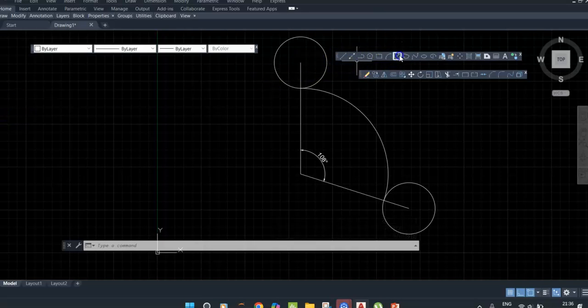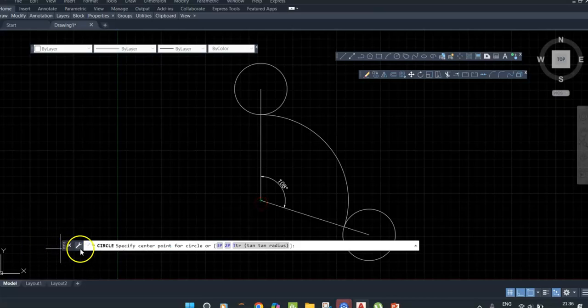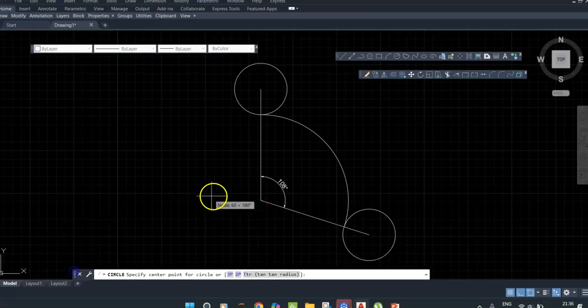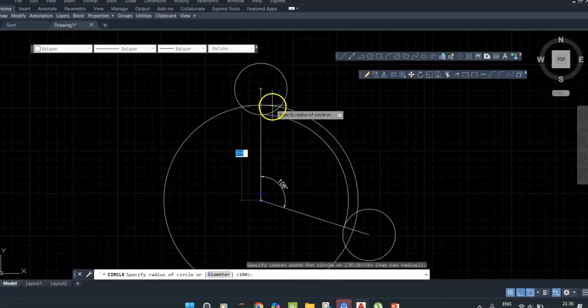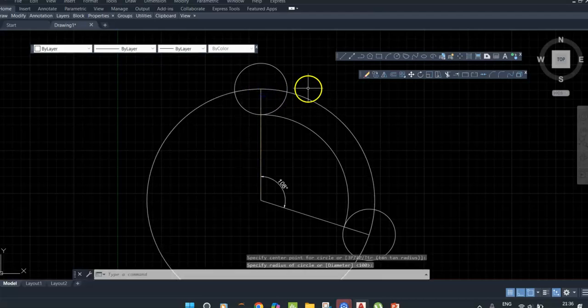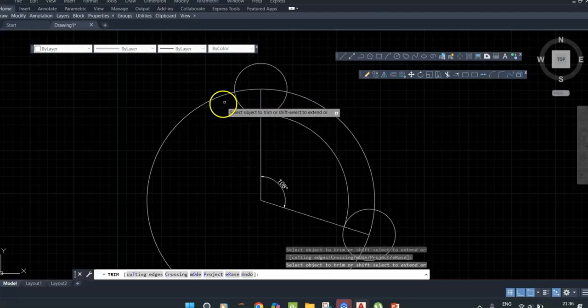Draw the center line also. TR double enter.